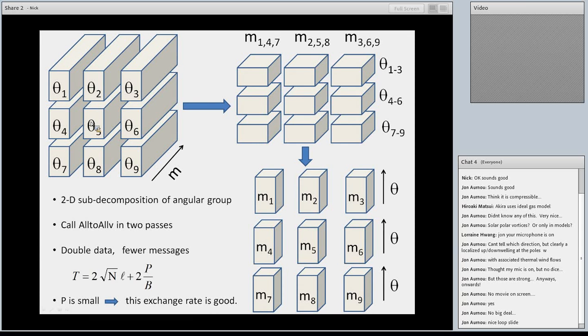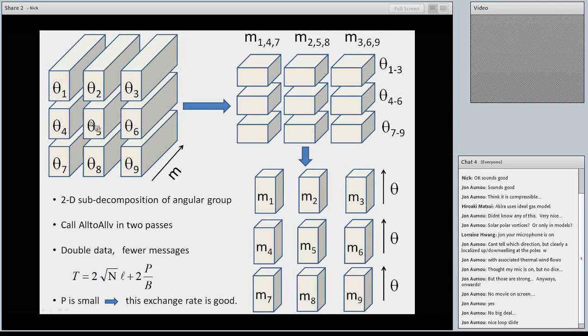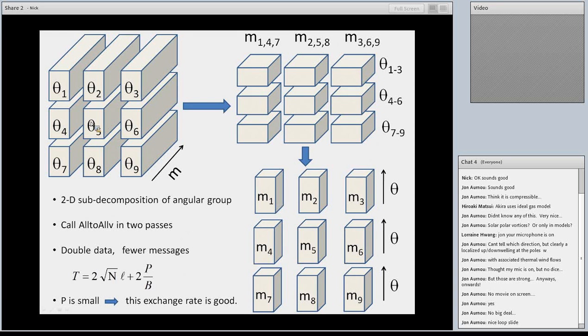So after the first transpose, if you look in the upper right, all the M1, 4, and 7 values are in the first column, and all the M2, 5, and 8 information is in the second column, etc. And then you transpose along the column in a second pass to actually get the different M values where they need to be, and all the theta values for that M in processor.